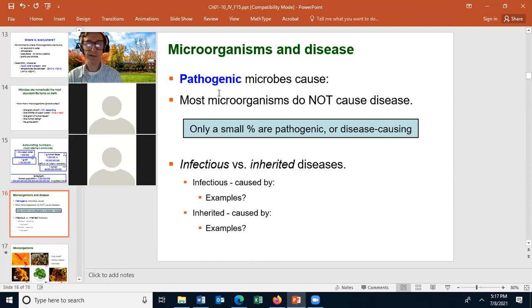I won't test you on the examples, but you should know the difference between an infectious disease and an inherited disease. An infectious disease can spread from one patient to another. An inherited disease cannot, unless it's inherited, meaning a parent can spread it to the offspring, but you can't pass an inherited disease to another patient. Any question about that?